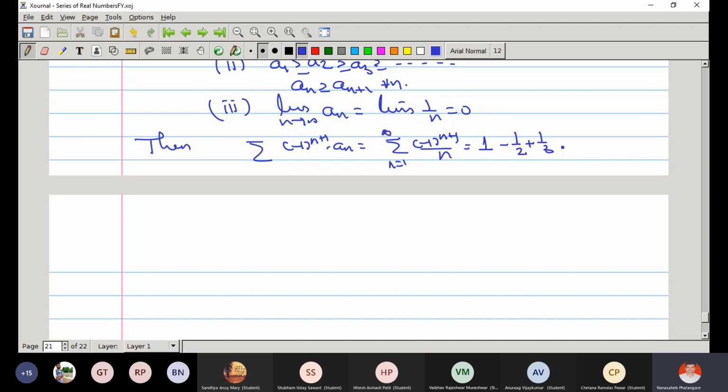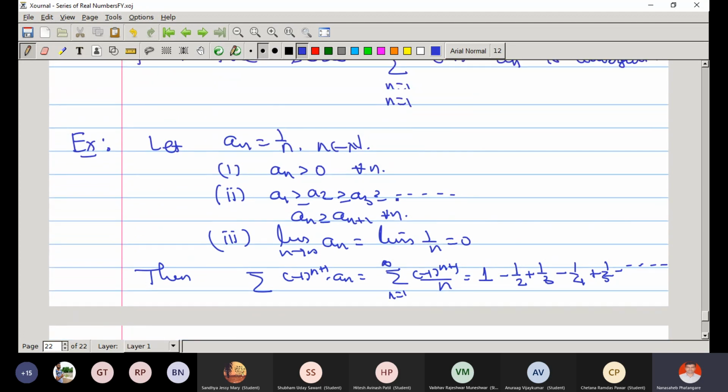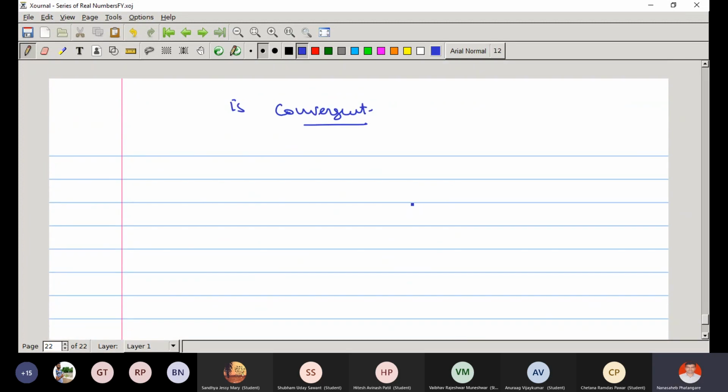Third term 1 by 3, minus 1 by 4, 1 by 5, and so on. So why is this series called alternating? Because the terms alternate plus and minus. This series is clearly convergent by the alternating series test, because all the conditions of this test are satisfied. Is it clear?